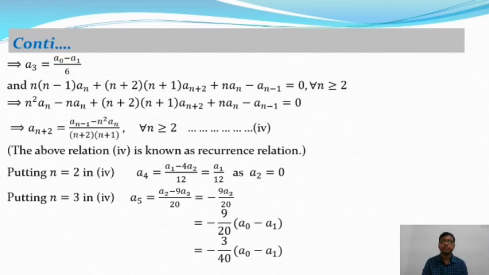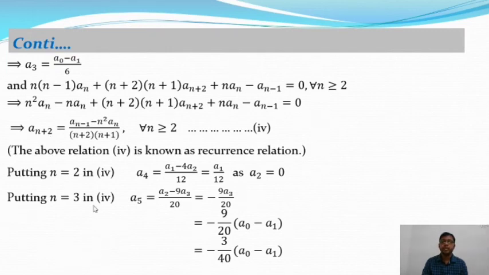From this we get a_(n+2) equals (a_(n-1) minus n squared a_n) by (n+2)(n+1). After simplifying, this holds for all n greater than or equal to 2, and we call it equation number 4. This relation 4 is known as the recurrence relation of the given differential equation.